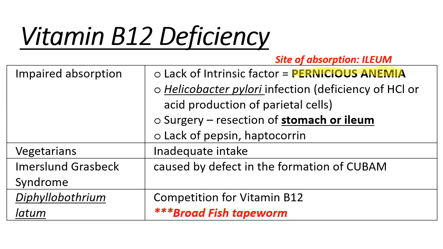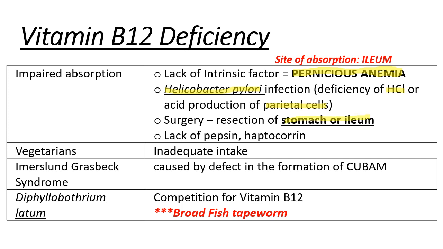Aside from that, it can be caused by Helicobacter pylori infection dahil kailangan din sa vitamin B12 absorption ang presence of hydrochloric acid produced by your parietal cells. Okay? And then next, kapag nag-undergo ka ng surgery at inalis yung stomach or ileum mo, okay?